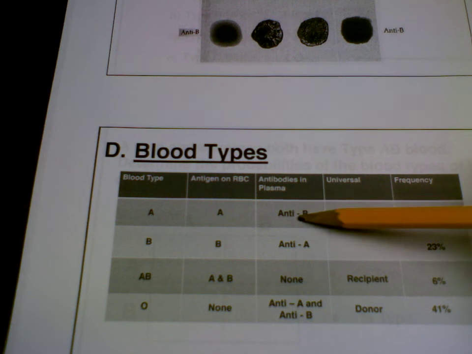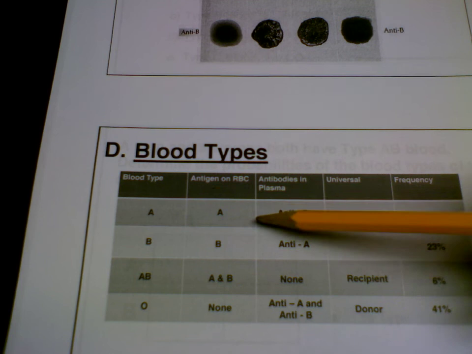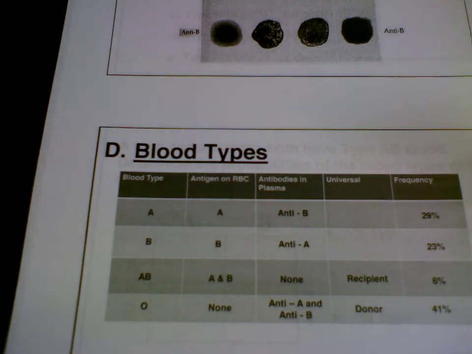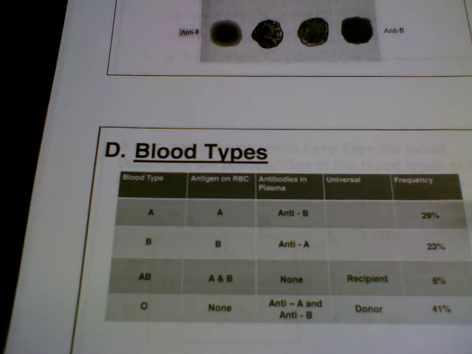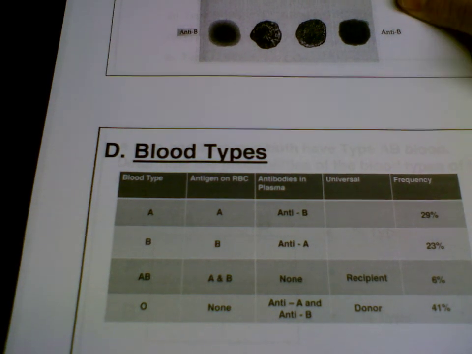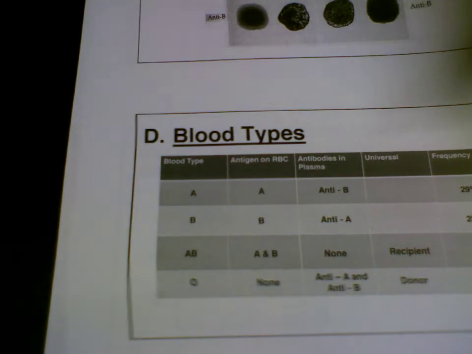So you want anti-B, so the B cannot mix with the A. All right, and you could just study this chart pretty much and figure all that out. Now, frequency. The most common blood type is O, and the least common type is AB, right off the chart. Okay, so we got that.